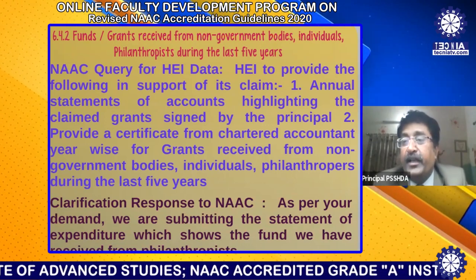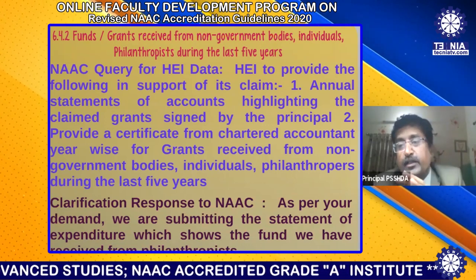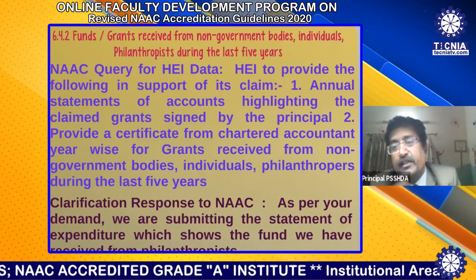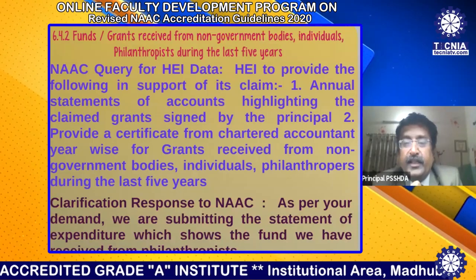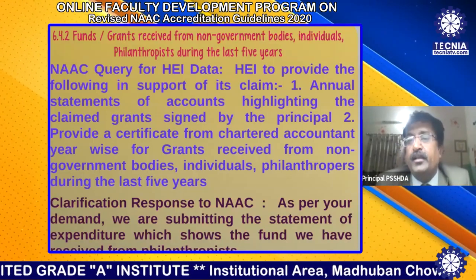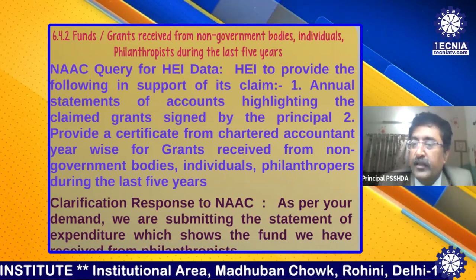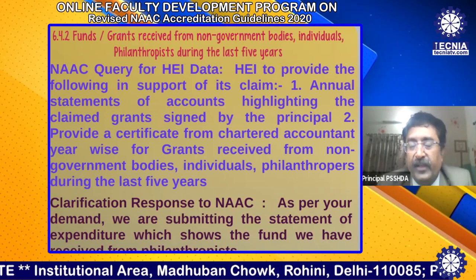Highlight the statement that in this month or on this date you received this donation from this industry, and that must be in your audited statement. Only claiming that we have donations from various sources will not be considered by the DVV agency.